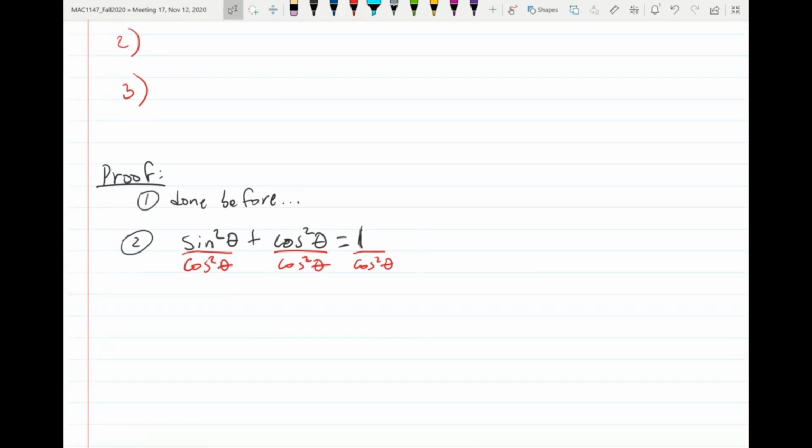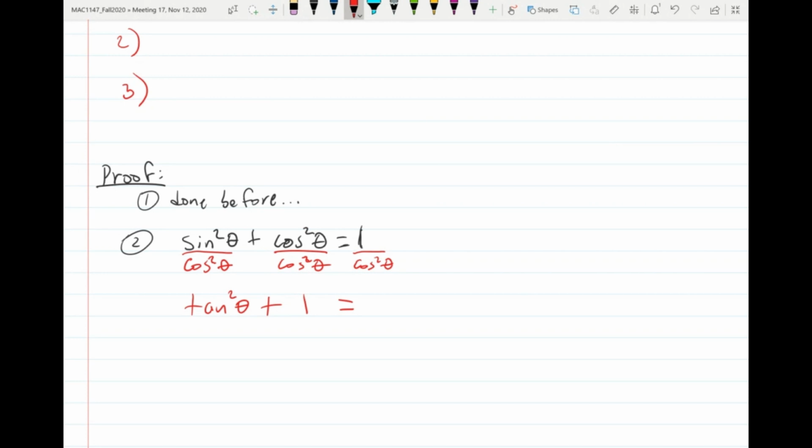Of course, here we're going to get plus 1, right? Because the cosine squares are going to cancel out. Now, what do we get in the first term? What's sine squared over cosine squared? That's the same thing as saying sine over cosine, squared, and you should realize that that's the same as tangent squared, right?